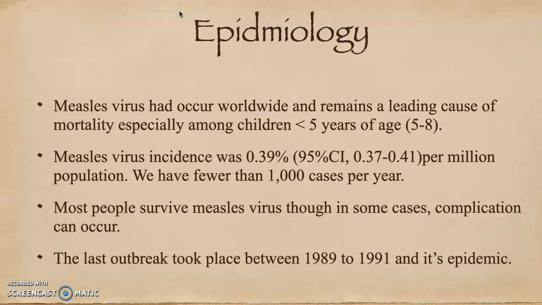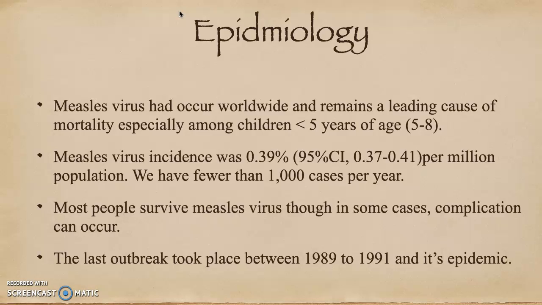And lastly, measles virus has occurred worldwide and it remains a leading cause of mortality, especially among children. In the U.S. we get measles fewer than 1,000 cases per year.